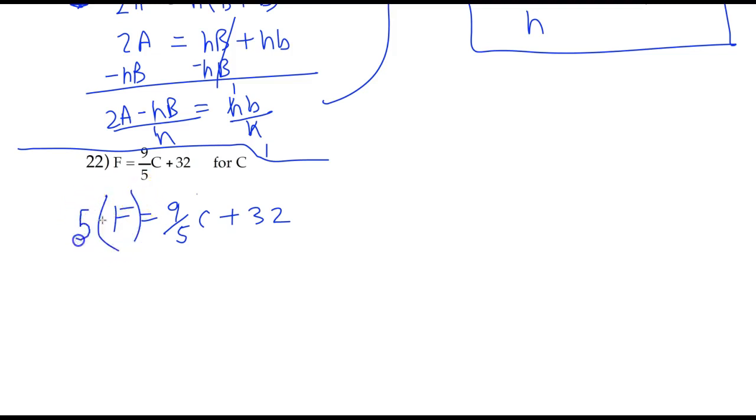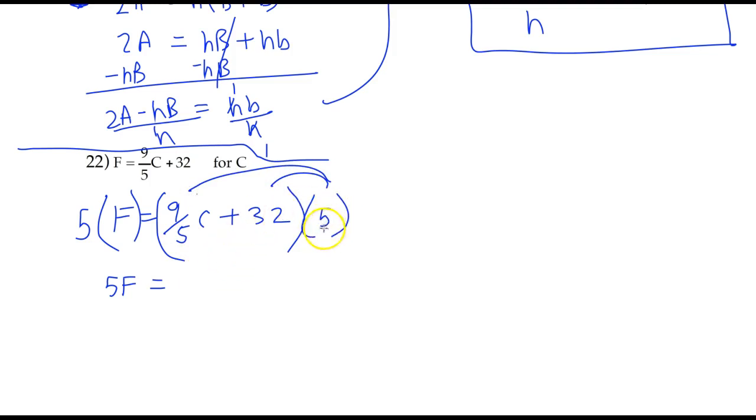So we'll multiply both sides of the equation by 5. So we have 5 times f is just 5f. And of course, here we're going to take 5 and distribute it across.